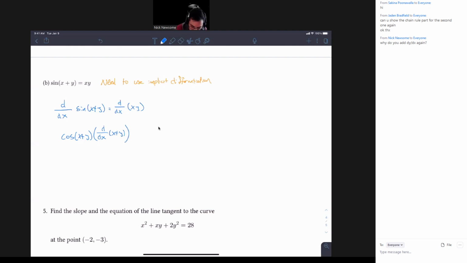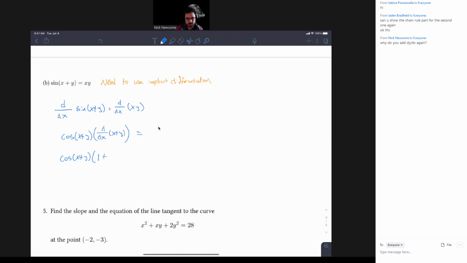Let me finish this left-hand side before we jump to the right-hand side. So I get cosine of (x plus y) times the derivative of x plus y with respect to x. The derivative with respect to x of x is just 1.